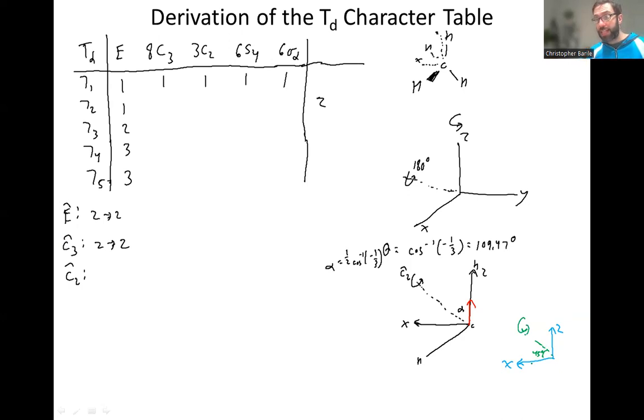Another way of saying that is X got rotated 90 degrees this way, and Z got rotated 90 degrees this way. So by exact analogy here, Z is getting rotated by 2 alpha down to here somewhere, down to some linear combination of X and Z. And that's a rotation function.